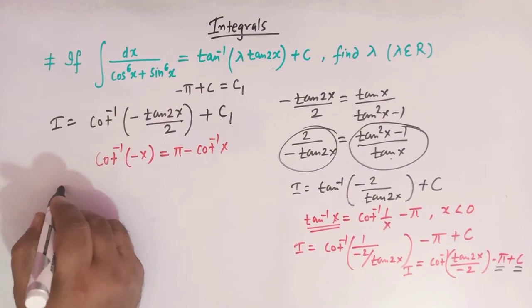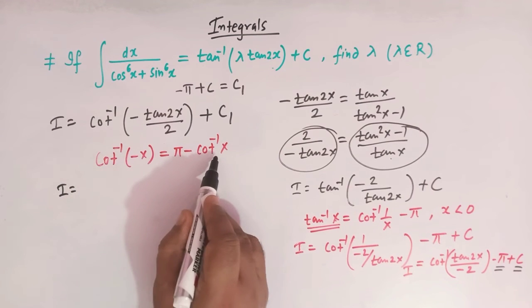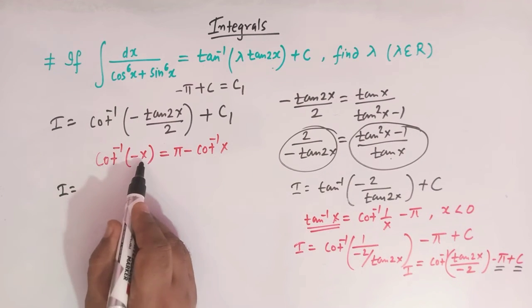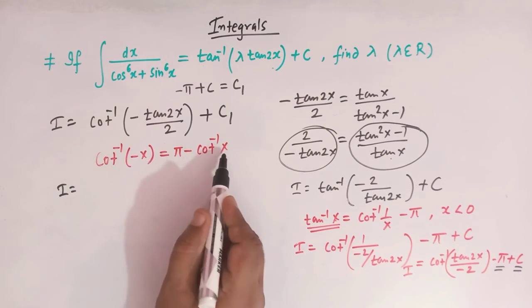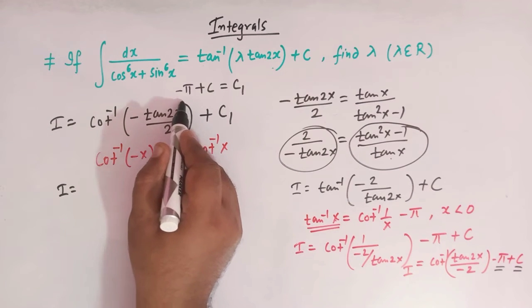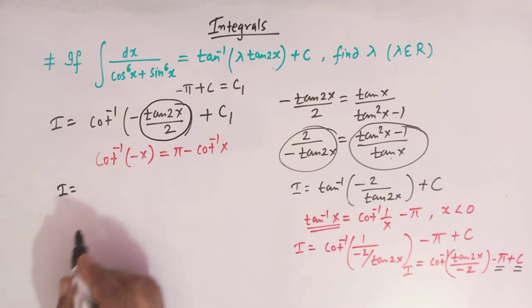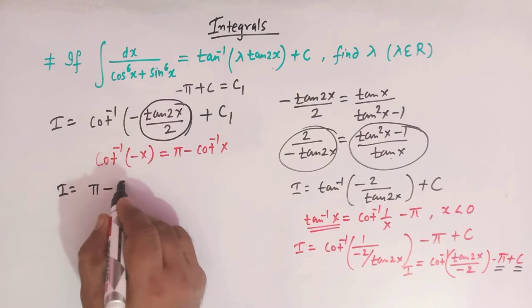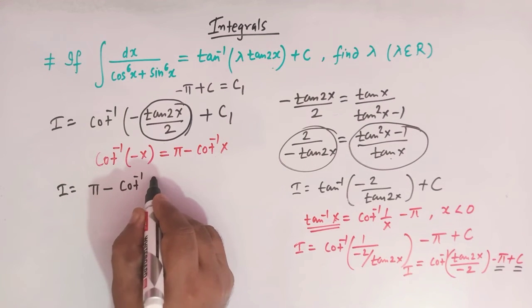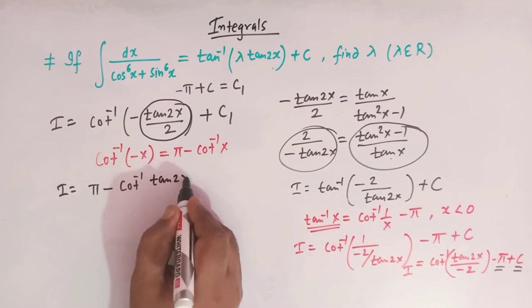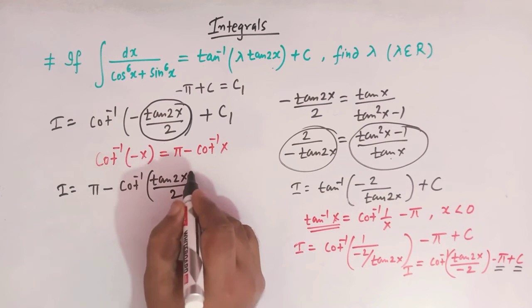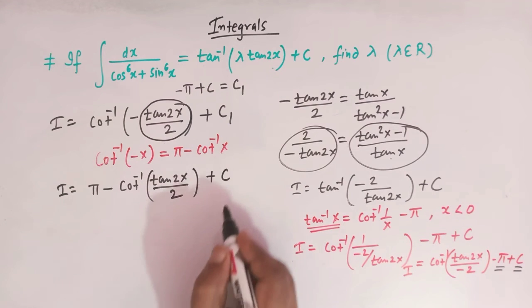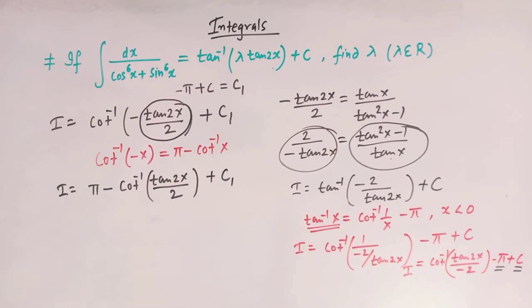So now I can be written using this result, cot inverse of minus x is equal to pi minus cot inverse of x. So for x we have this term, so we can write pi minus cot inverse of tan 2x over 2, right? And c1 is the constant of integration, right?